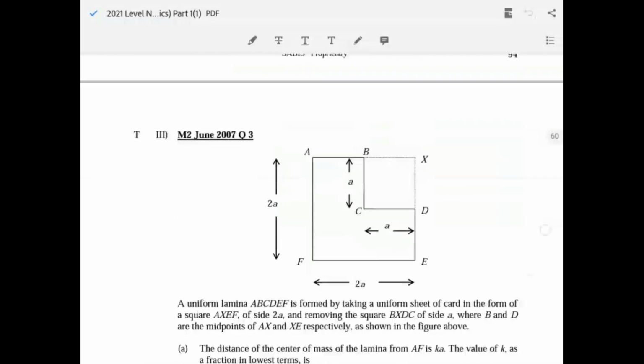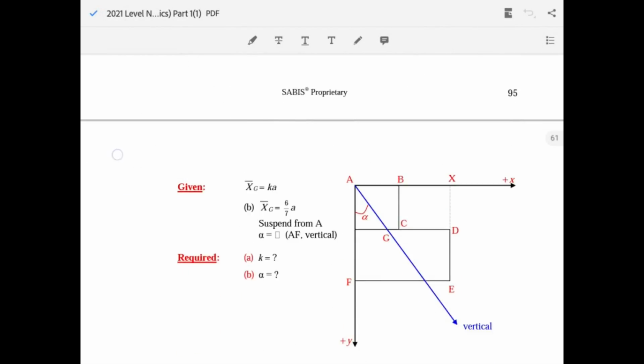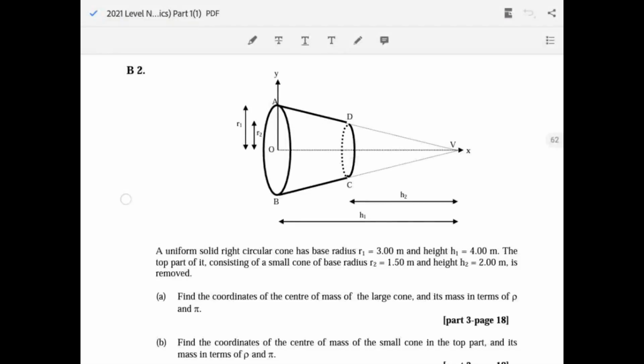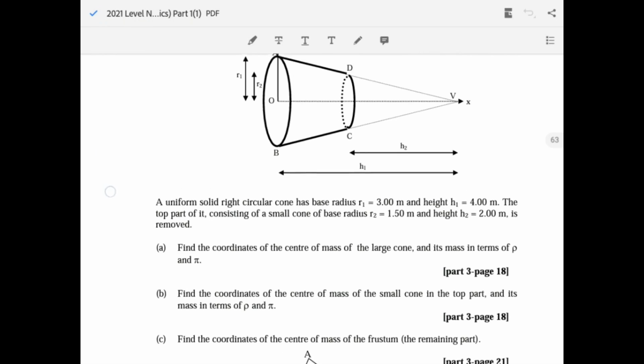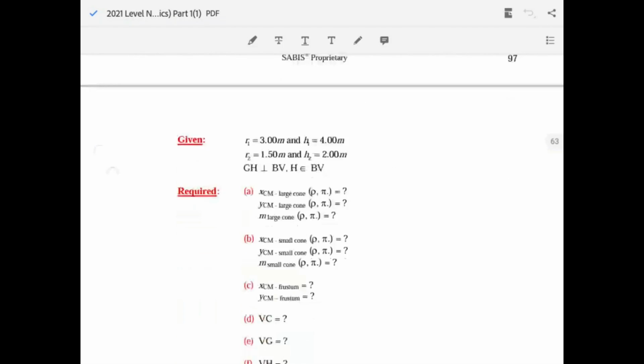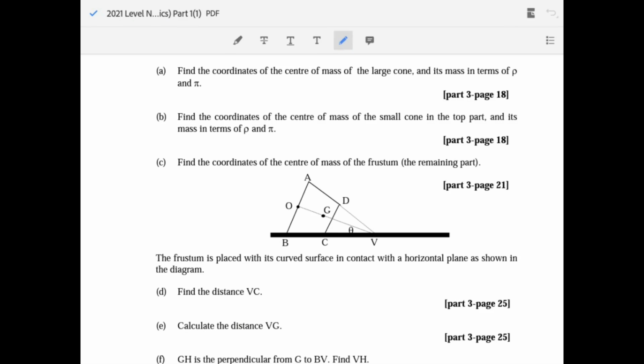So the ones I'm doing are just the ones that are important or need recognition. Here it's a similar value. What you do is just mass minus mass. And then over here you are given this cone, and you have to measure the altitude from G to BV, and you have to know whether BC is greater than or less than GH.